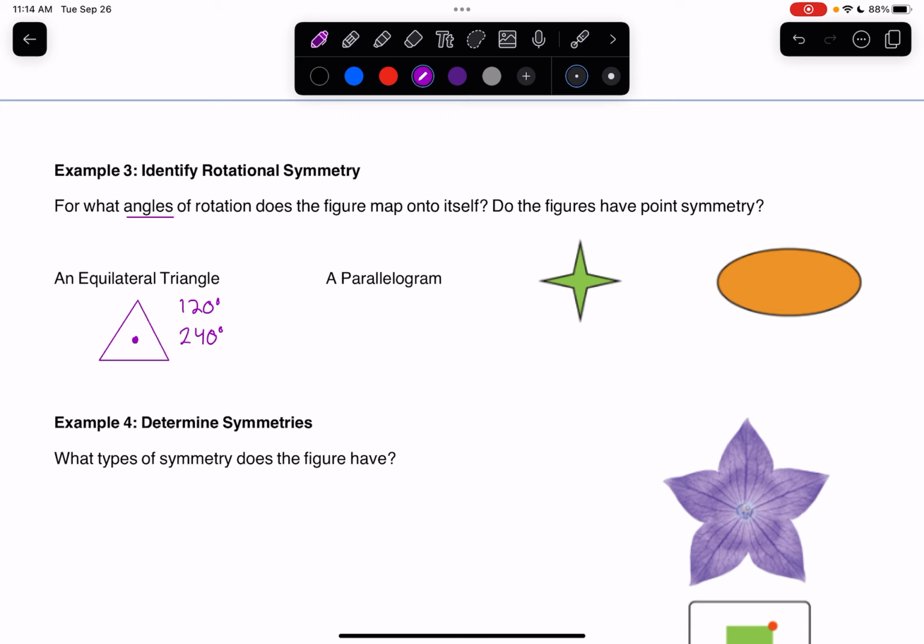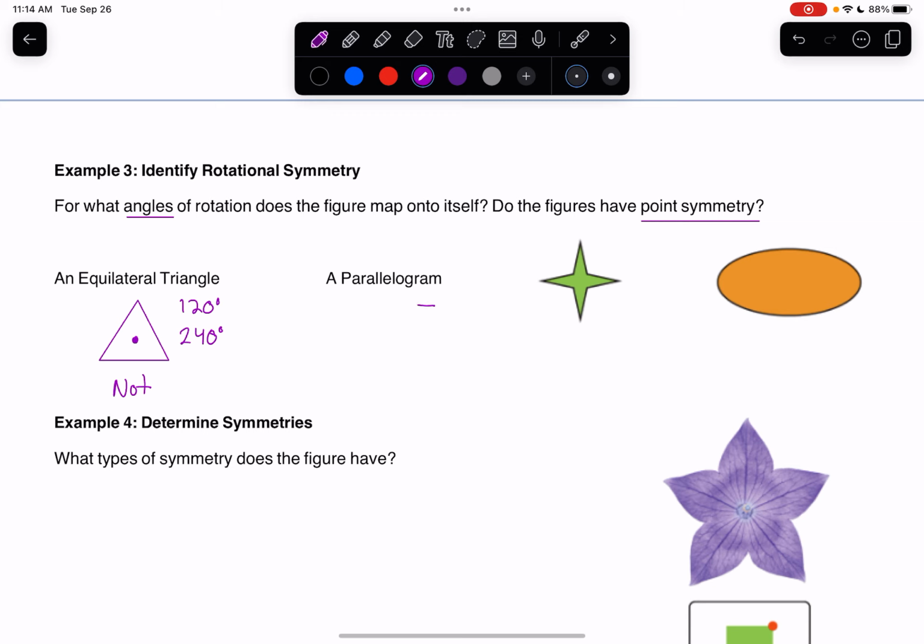And then the next rotation we could do that would cause this to map onto itself would be a 360 degree rotation, which of course doesn't really matter, so we don't need to write that down. But 120 degrees and 240 degrees, we want to see whether the figures have point symmetry. That would mean the figures have 180 degree symmetry, so this one does not.